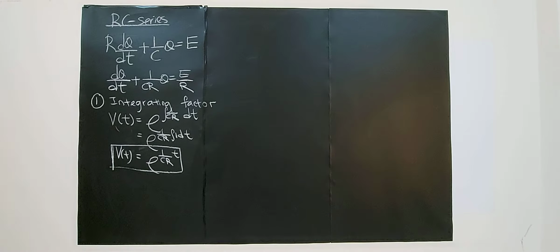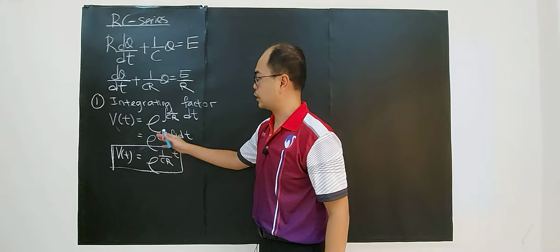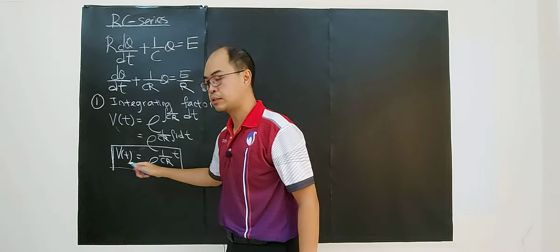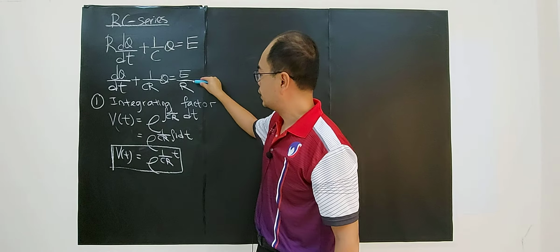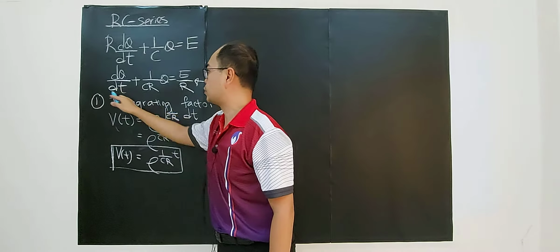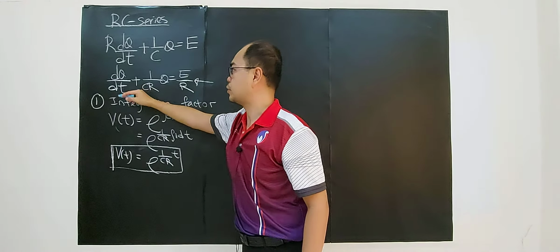Alright, let's see how to solve this. First step, I taught you all the steps when I taught you about the first order linear differential equation. You take the integrating factor and multiply it to the differential equation.